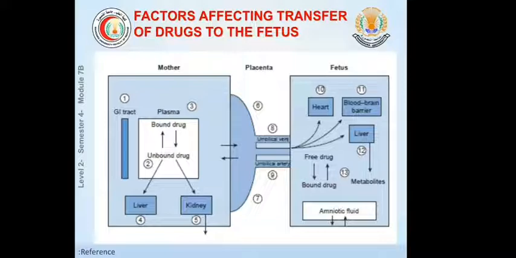To summarize this figure, maternal and fetal drug concentrations are dependent on three factors. Number 1, the amount of drug that crosses the placenta. Number 2, the extent of metabolism by the placenta itself. Number 3, the fetal distribution and elimination of the drug.